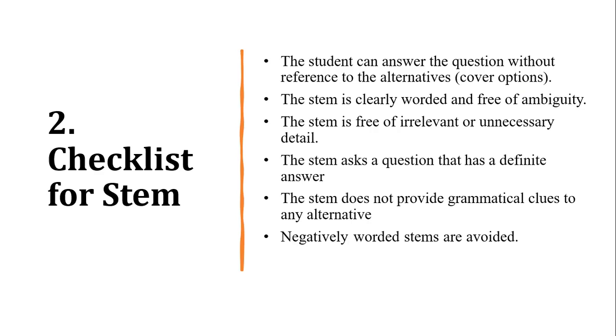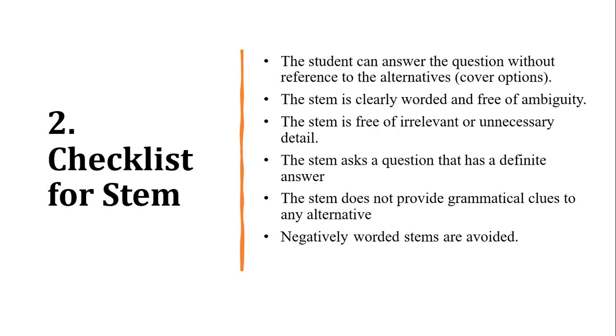The stem is free of irrelevant or unnecessary details to avoid wasting the time of students. The stem asks a question that has a definite answer. Then the stem does not provide a grammatical clue to any alternative. For example, you can't ask a question about plural.